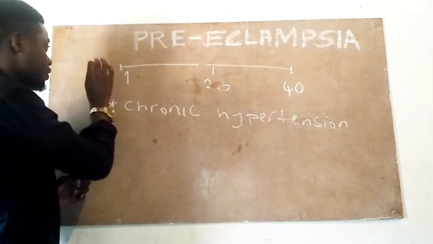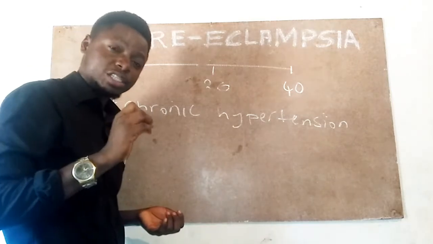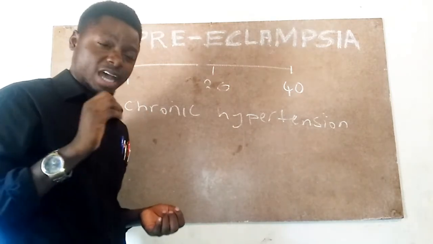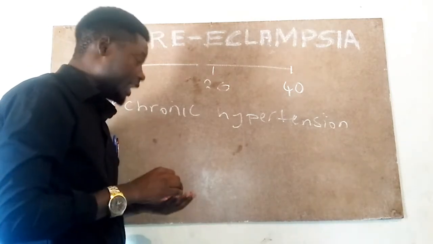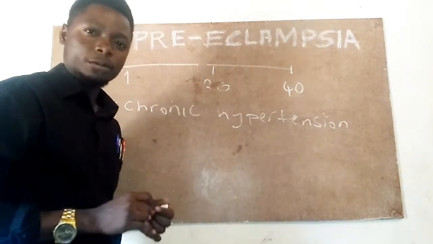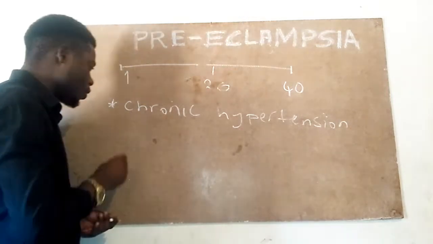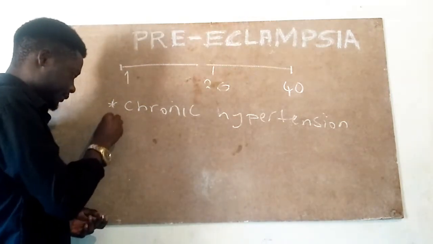So it can be even before the first week of gestation. And this type of hypertension particularly will go on even after the delivery of the baby, even after labor. It persists even up to puerperal periods. So this is what we call chronic hypertension.